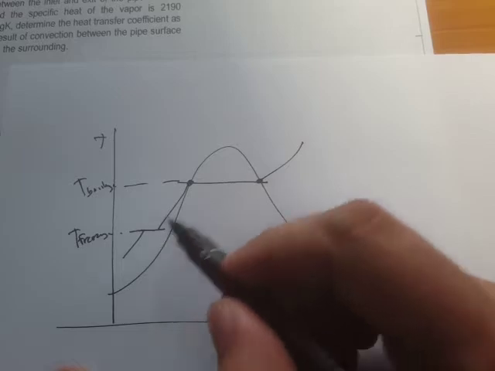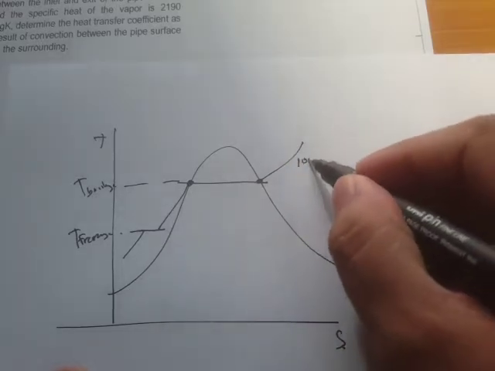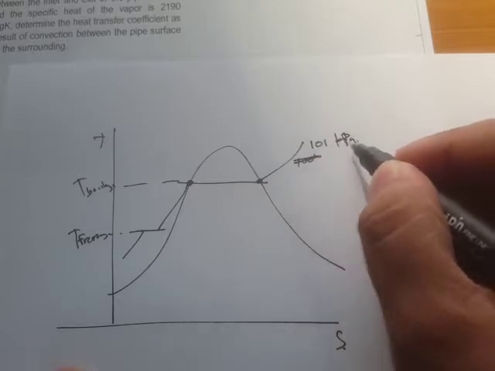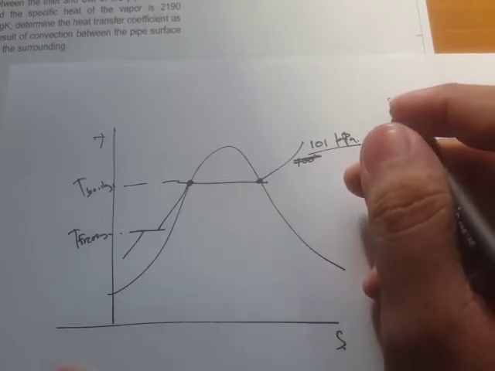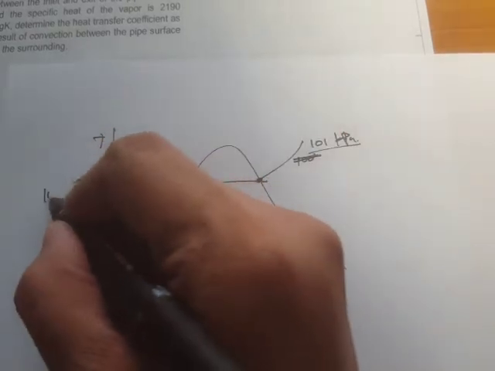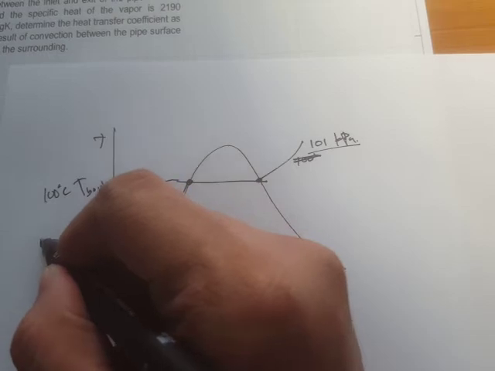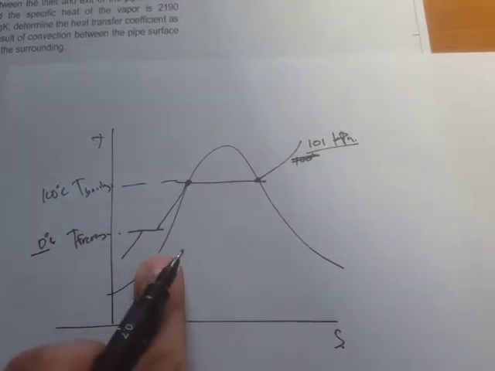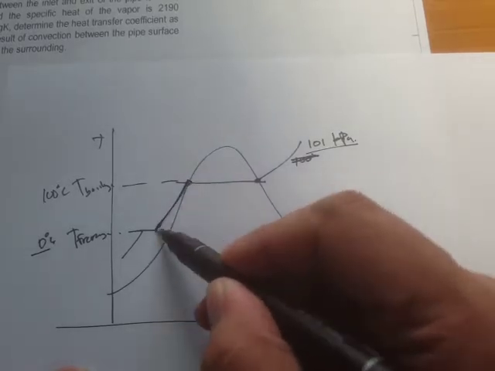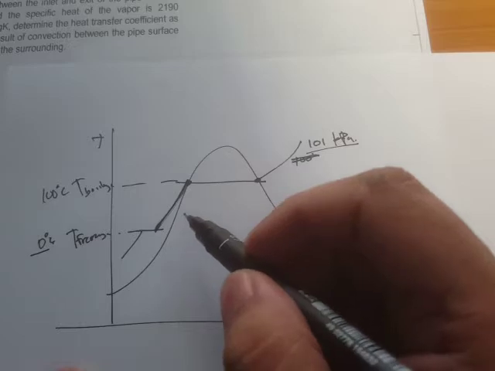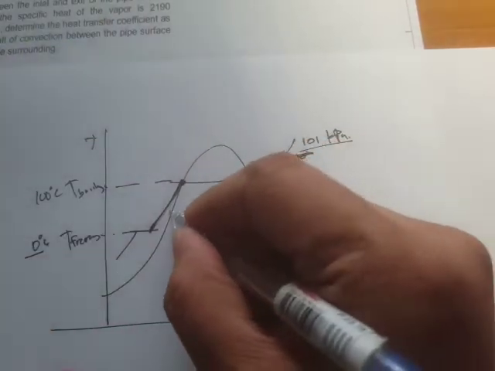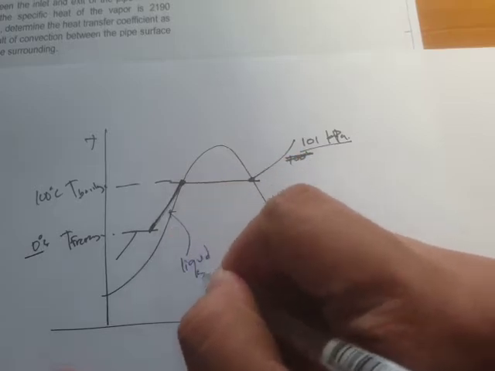If our constant pressure line is 101 kPa, that's the atmosphere, the pressure at sea level, the water boils at 100 degrees C and starts to freeze at 0 degrees C. So in this portion, the water substance is in liquid state.